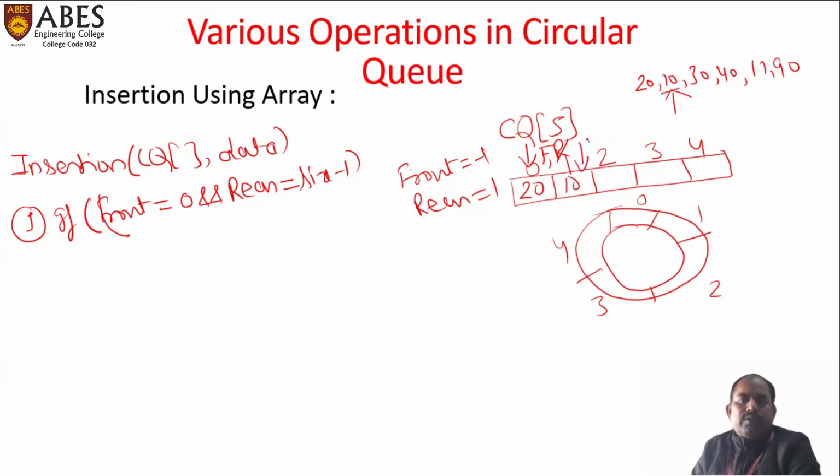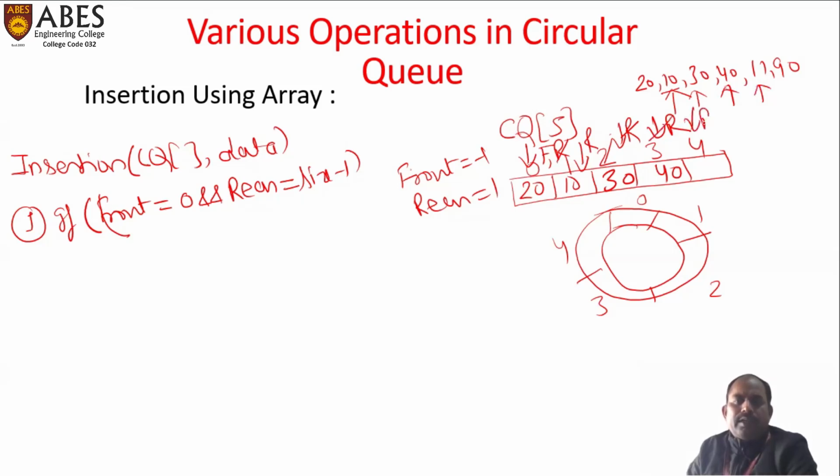For insertion of 30, we increment rear again, and Q of rear is 30. For inserting 40, we increment rear from 2 to 3 and insert 40 at the third index. For inserting 11, again we increment rear and store it at this location. So here we have inserted 11.